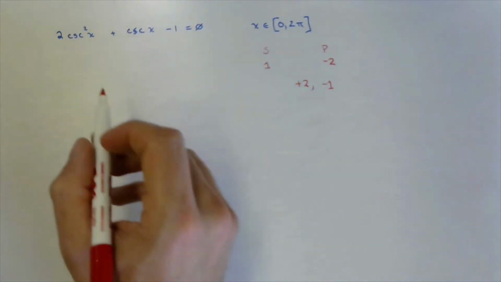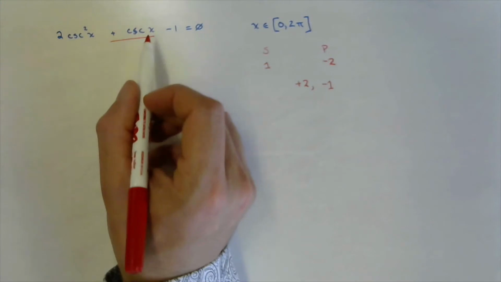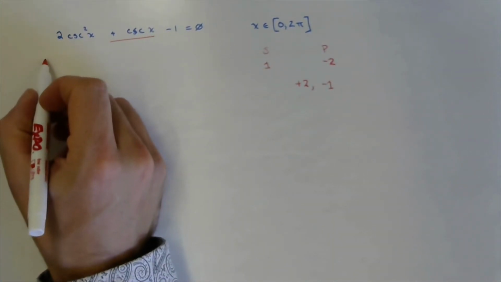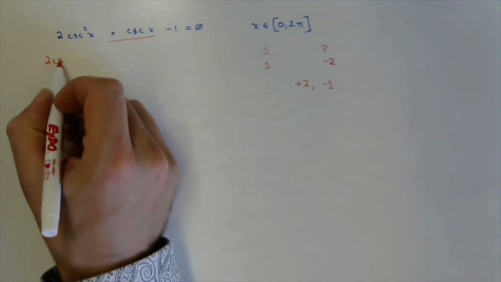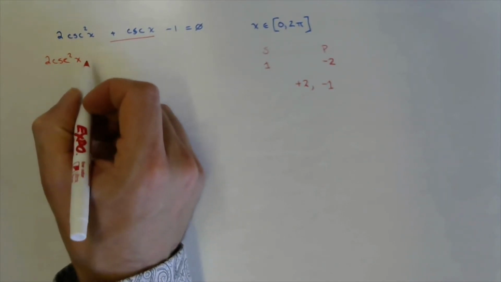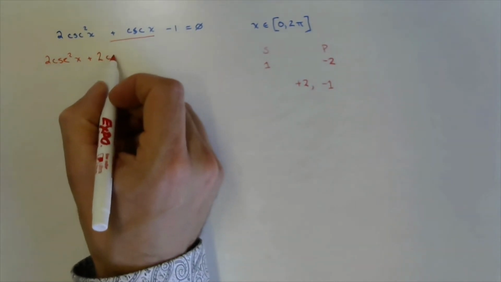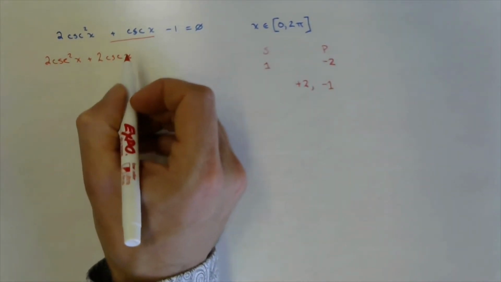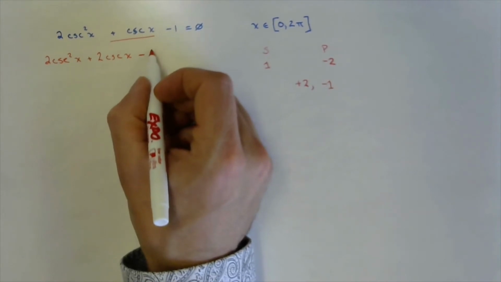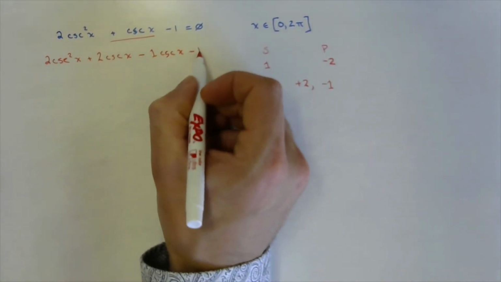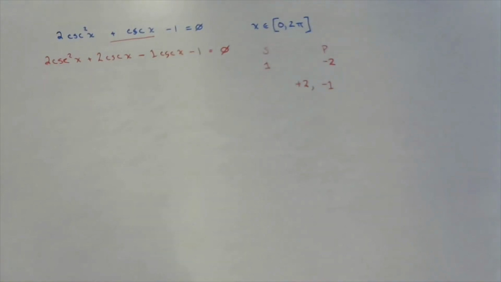And then we use those to split the middle term. So if I'm looking at all of the steps, and you don't need to write this step if you're beyond this. But if I split this middle term, I end up with plus 2 times the cosecant of x minus 1 times the cosecant of x minus 1 equals 0.